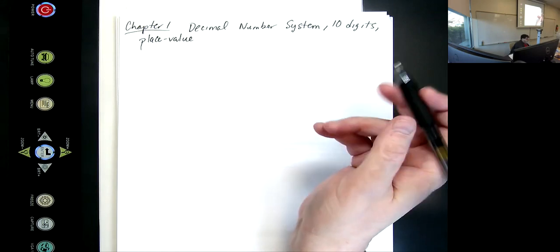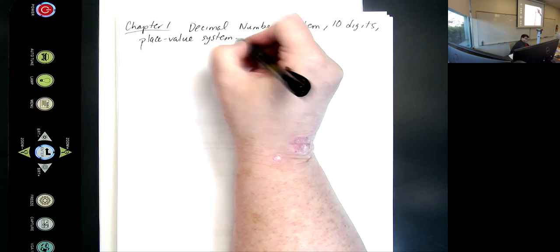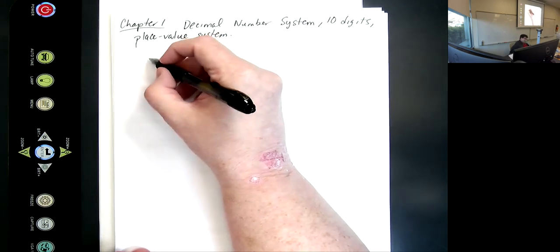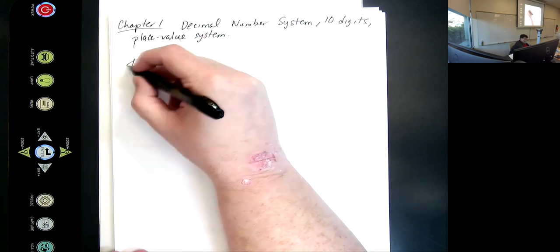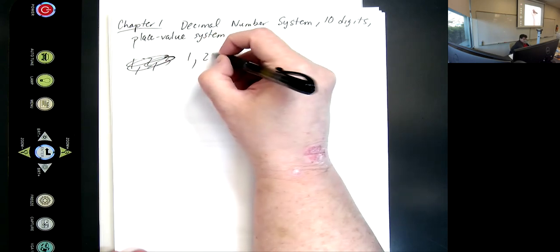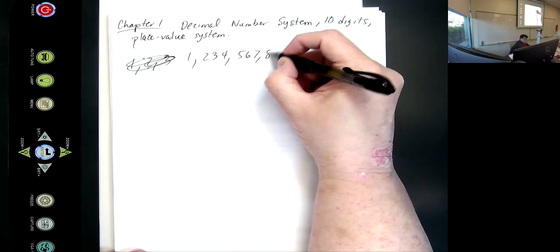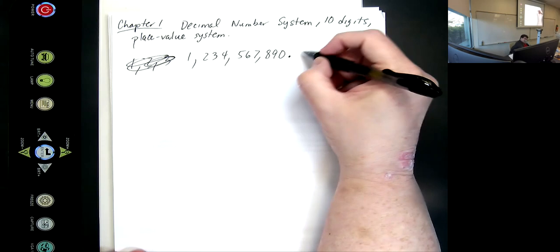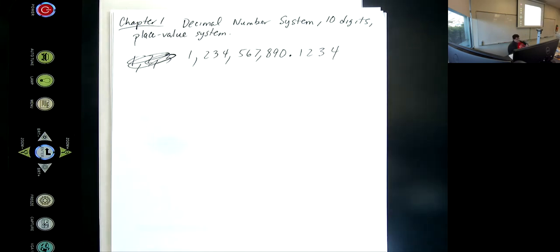Okay, we've got our place value system. Let's write out a big number, and we'll go 1, 2, 3, 4 that way.